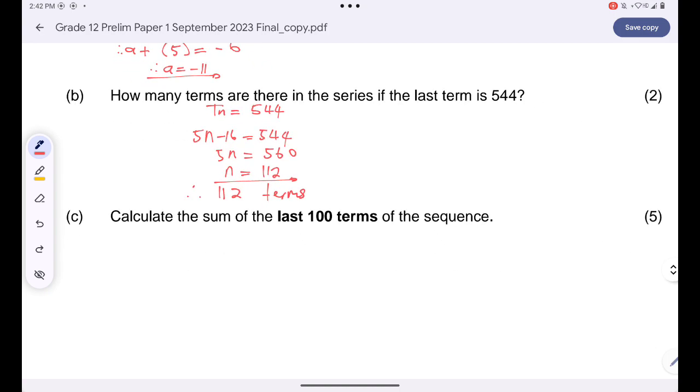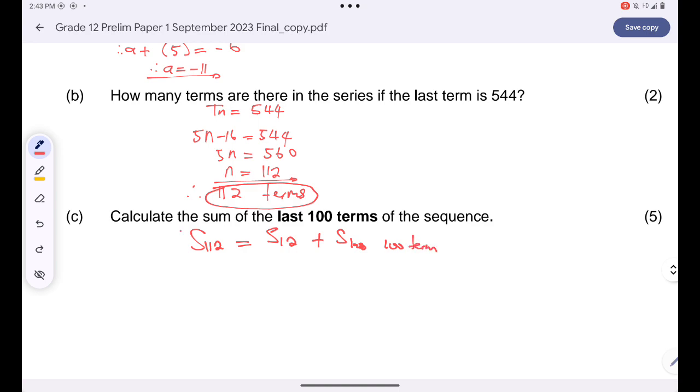And then now they want us to calculate the sum of the last 100 terms. Remember that, guys, we just calculated the total number of terms in our sequence. The total number of terms, guys, is just 112. So the sum of the first 112 terms will just be equal to the sum of the first 12 terms plus the sum of the last 100 terms.